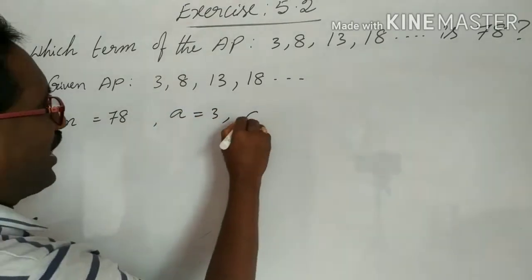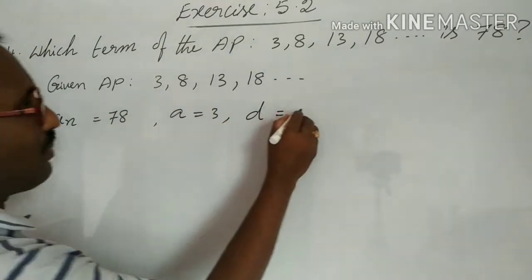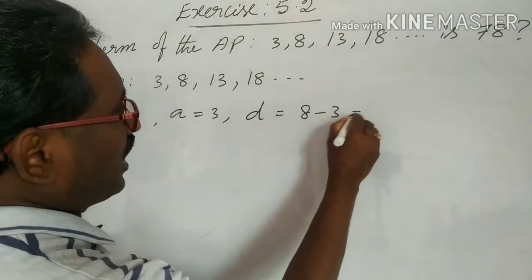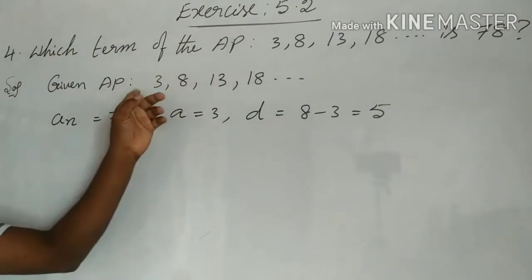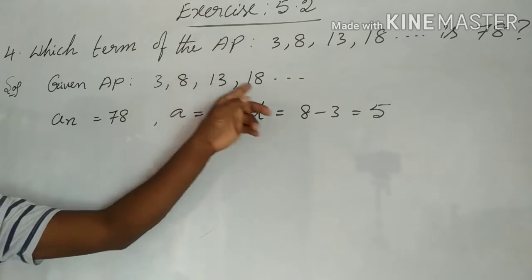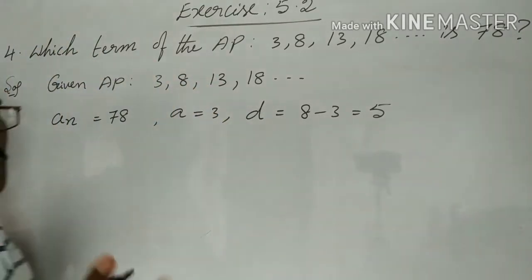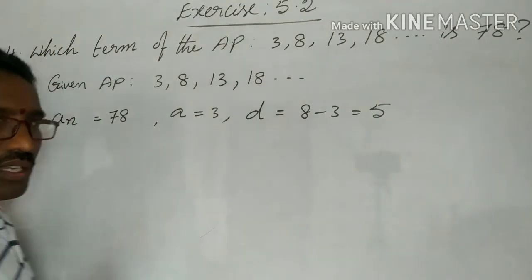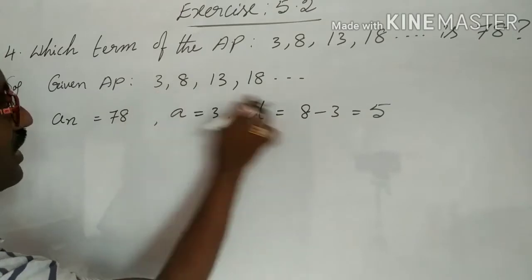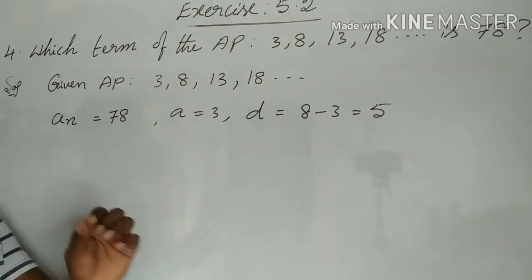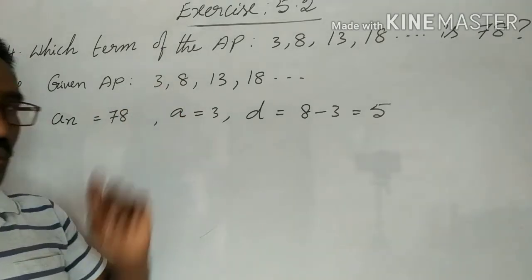Immediately find the common difference. d is equal to a2 minus a1, that means 8 minus 3, that is equal to 5. You can also use a3 minus a2 or a4 minus a3, the difference of two consecutive terms. So the common difference d is 5, and the first term a is equal to 3.